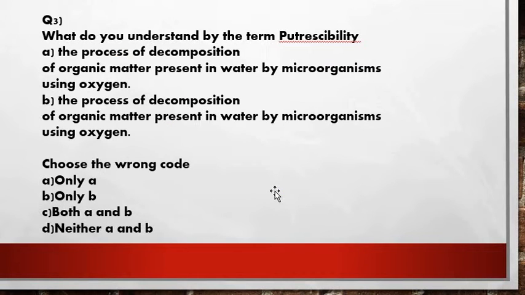What do you understand by the term putrescibility? Option A, the process of decomposition of organic matter present in water by microorganisms using oxygen. The second option says the process of decomposition of organic matters present in water by microorganisms using oxygen.